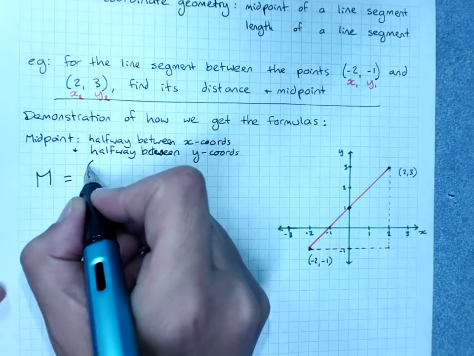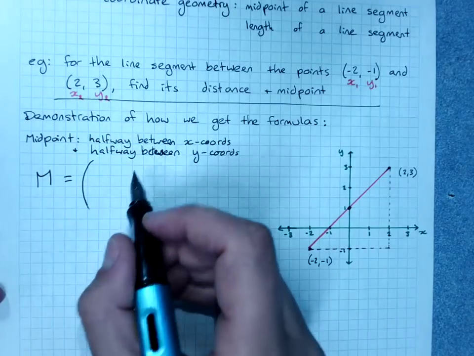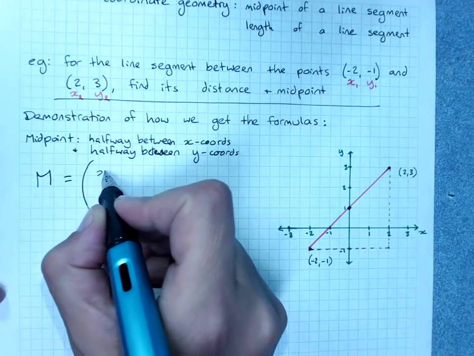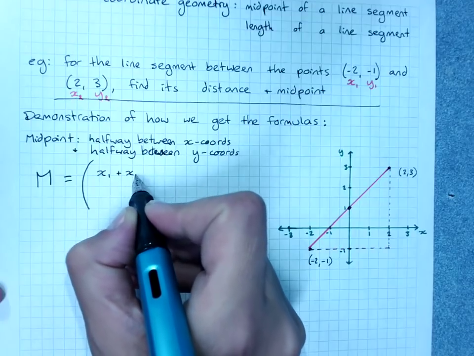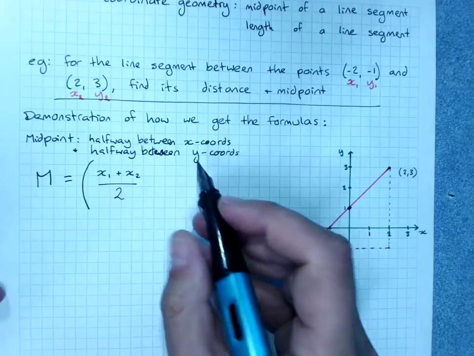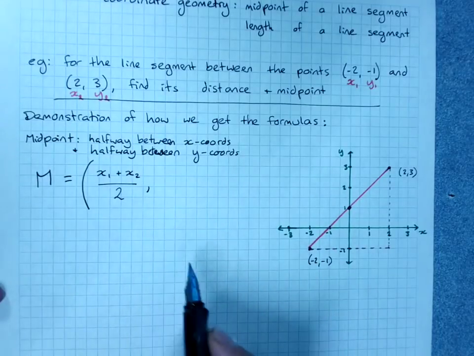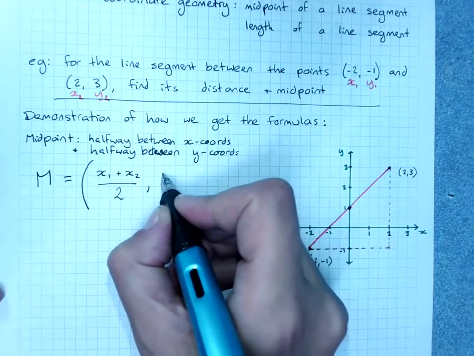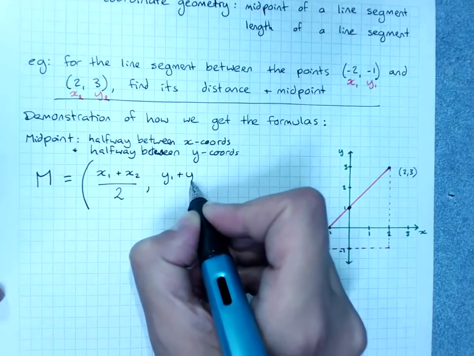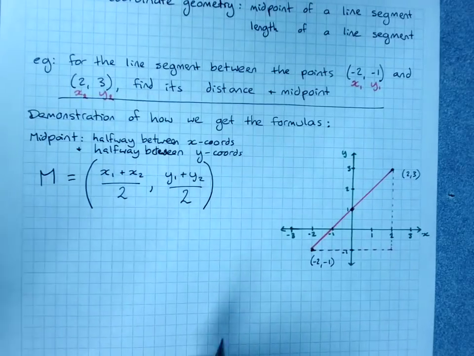It is in brackets, because we want to get a coordinate, so the coordinate needs brackets: x1 plus x2 over 2, the average of the x coordinates, comma, because I need a comma in my coordinates, the average of the y is y1 plus y2 over 2, close your brackets. This is the midpoint formula.